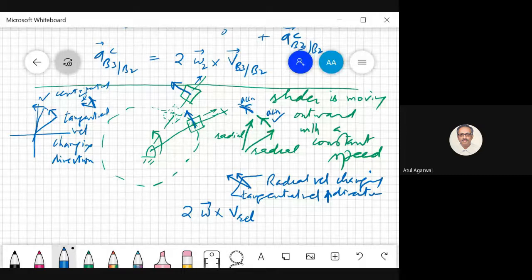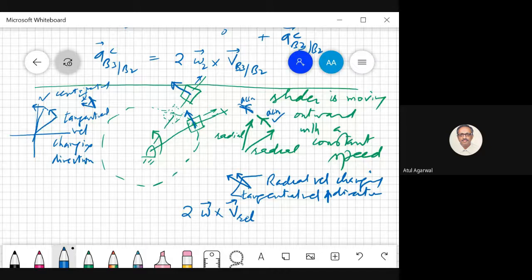This is the relative velocity as seen by the observer from a rotating frame. He sees the motion of this slider with respect to this bar. That is this v relative. Omega is the angular velocity.